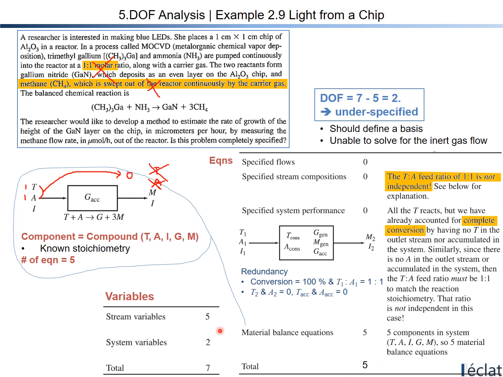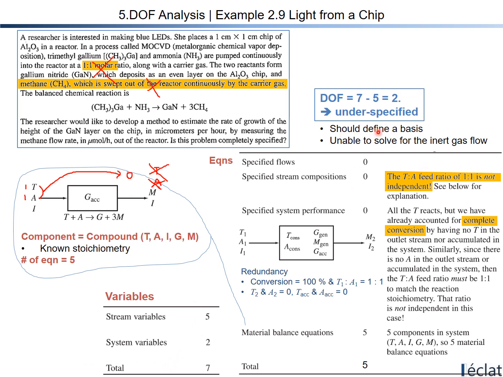The number of variables or unknowns is 7 minus the number of equations or restrictions, 5, which is equal to 2. It means this problem is under specified. So what kind of opportunity do we have for this calculation? The first thing is the basis.